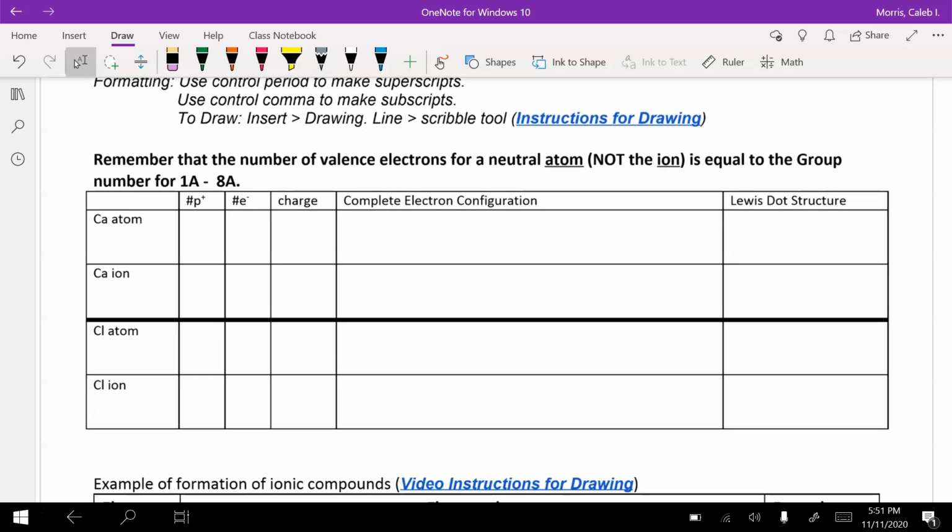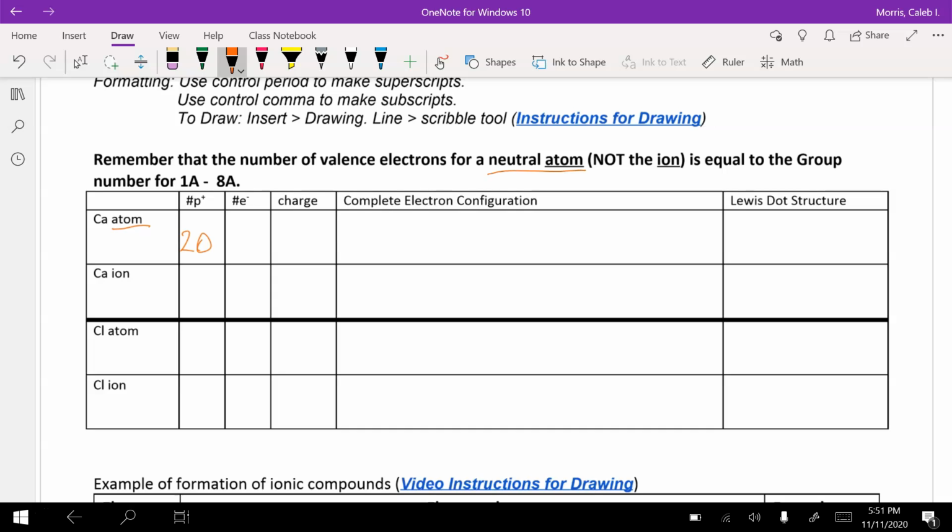Alright, a calcium atom. Well, first we've got to find it on the periodic table because I want to know the number of protons. A calcium atom has 20 protons. That's its atomic number. So if you look at calcium on the periodic table, its atomic number is 20. That's the number of protons. Well, when I say atom, that means it's neutral.